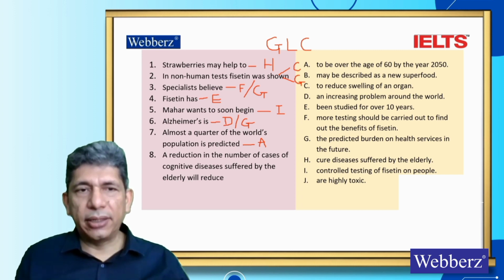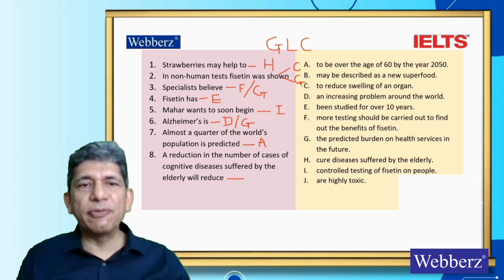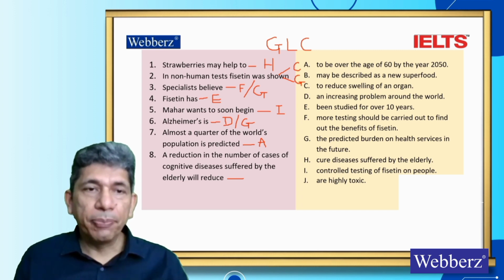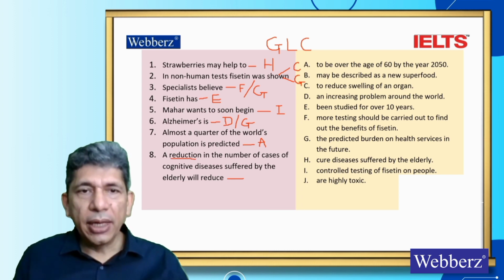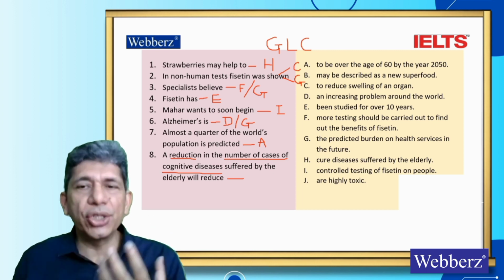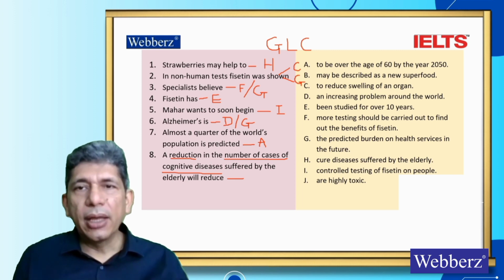Let us see eighth. Eighth comes up, a reduction in the number of cases of cognitive diseases suffered by elderly will reduce something. What will it reduce? If there's a reduction in the number of cases of cognitive diseases, cognitive means which require recognition like Alzheimer's, suffered by the elderly will reduce.